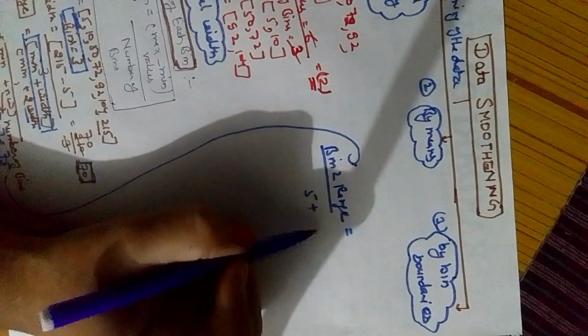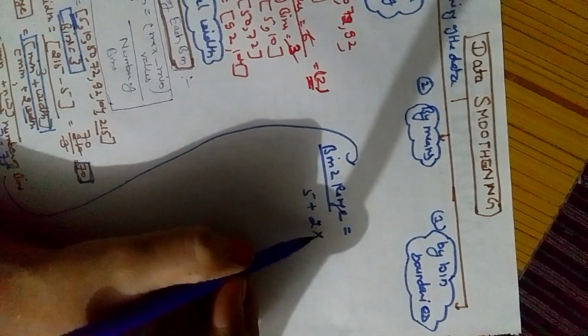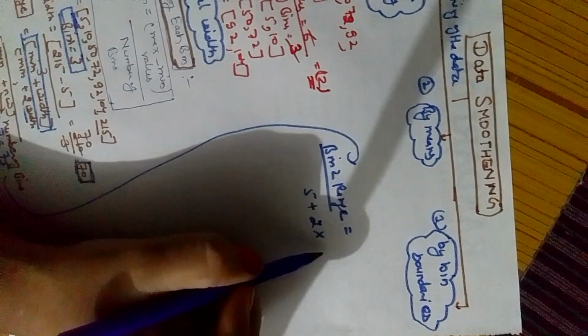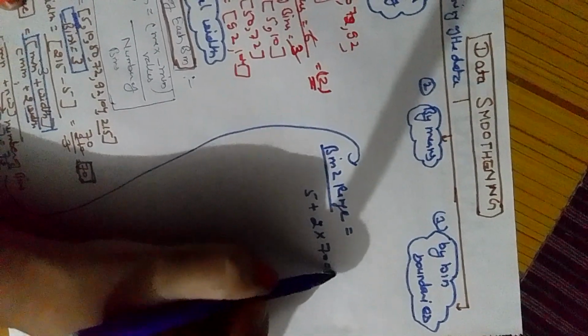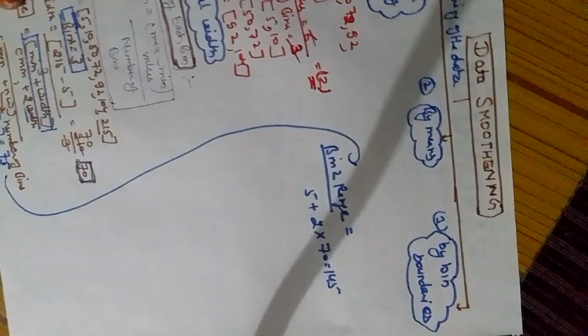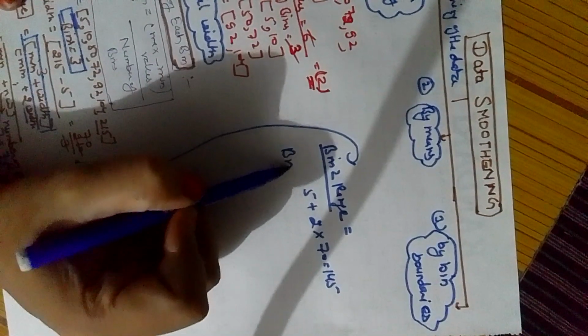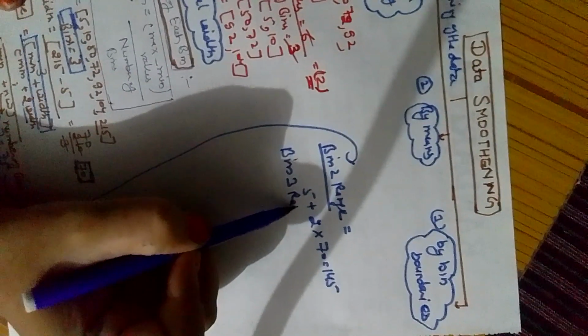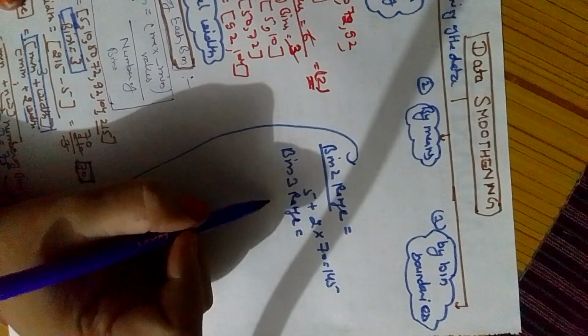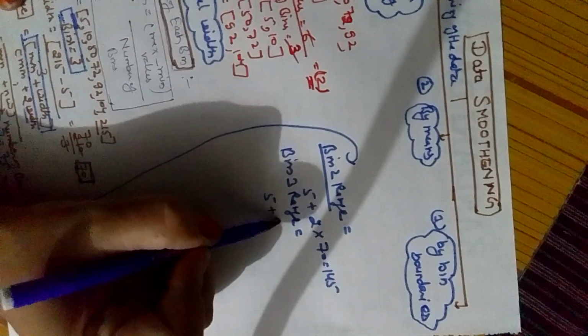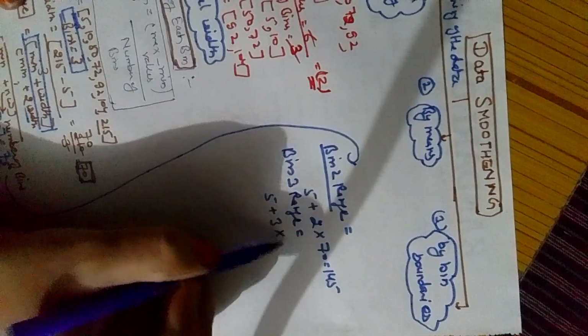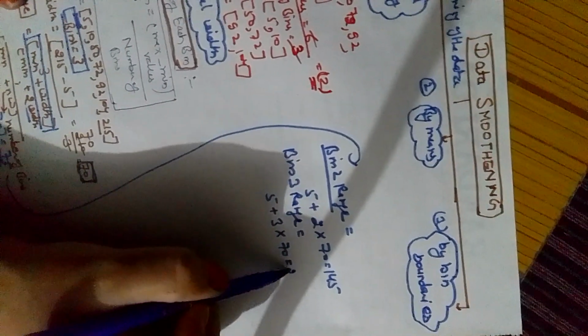My minimum 5 plus 2 multiplied by width 70, that is 145. Bin 3 range will be 5 plus 3 multiplied by 70, and so on.